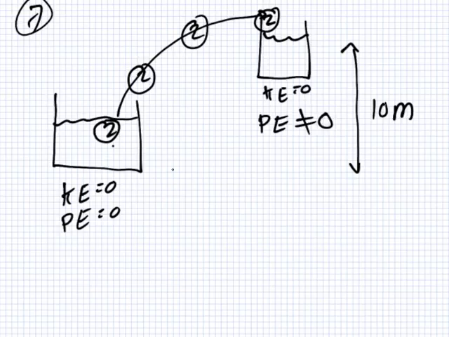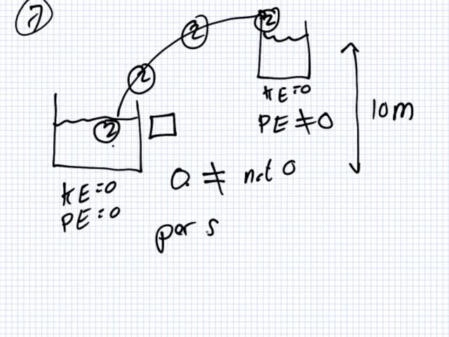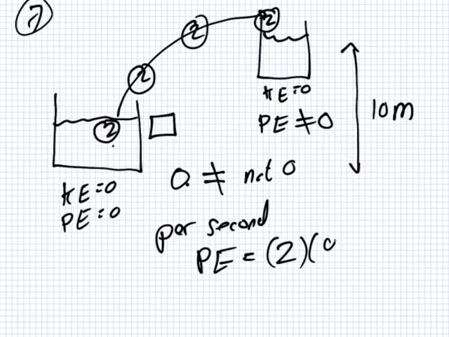This means the energy is not balanced, because at the start it's 0 and at the end it's not 0. So this extra energy came from the pump. So anyway, the extra energy is the potential energy. So per second, the potential energy is mgh.